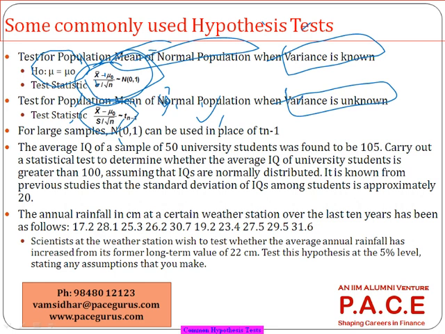So instead of the t distribution, we can use the standard normal distribution, especially if the variance of the population is not known but the sample size is very large.